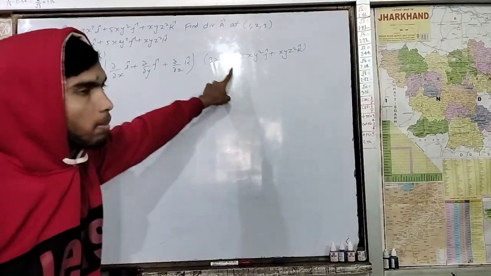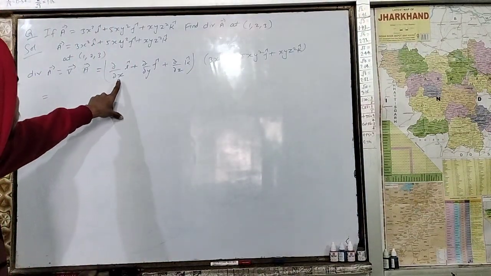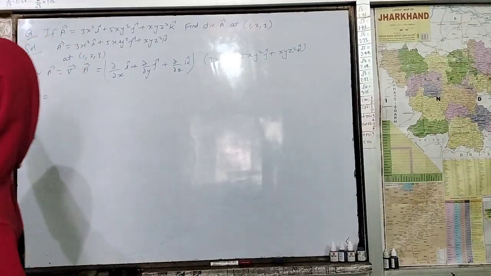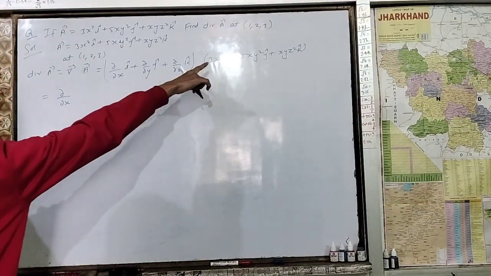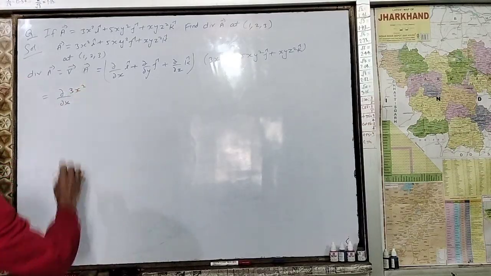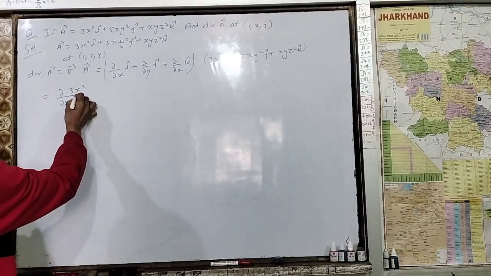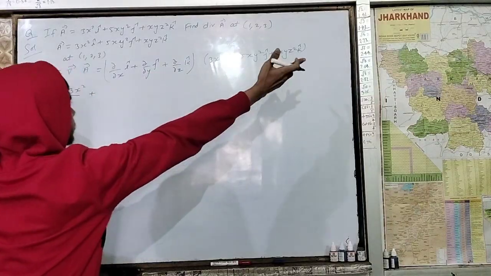Okay, another method. You can see we have a dot product in this equation. So this i cap will become 1, and we will multiply this by this. So d upon dx, and A1 is how much? 3x square. Am I correct? 3x square. Then this j will become 1.